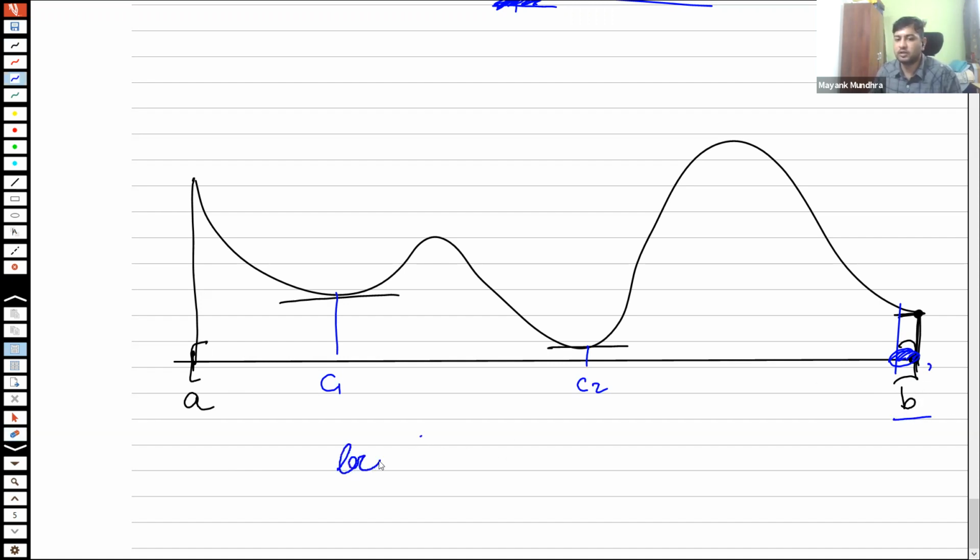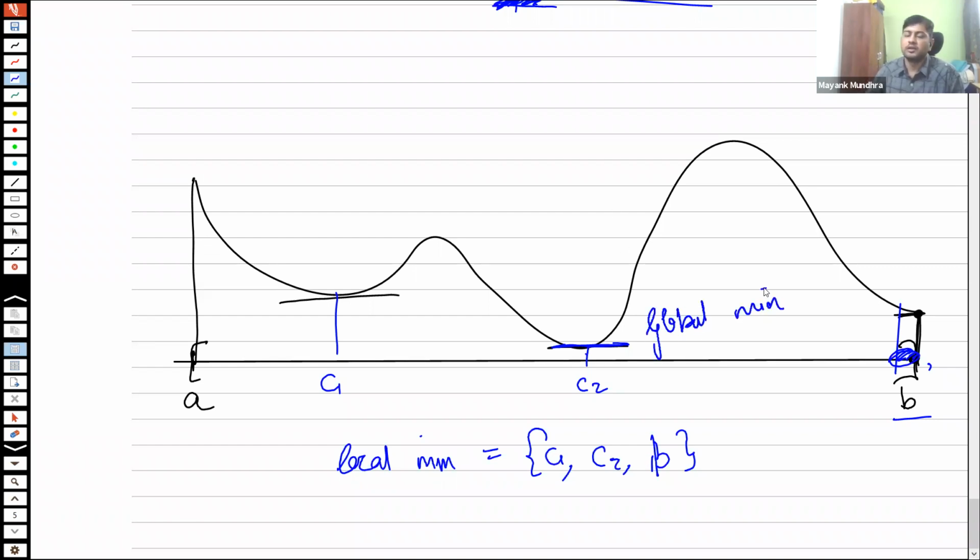So the set of local minima is going to be C1, C2, C3, B. Whereas you know that from the figure, this point is the lowest. So this is the global minima. So the aim is to find these values.